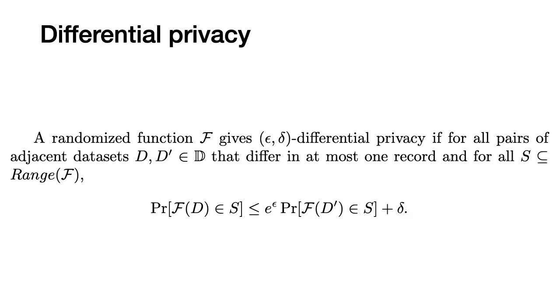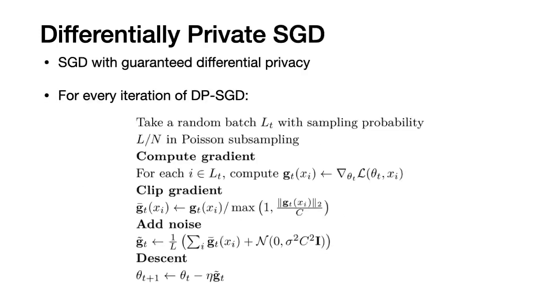Roughly speaking, the notion of differential privacy says that for a function that preserves privacy, its output distribution should not change much whenever only one record of its input data changes. DPSGD is an approach to make SGD differentially private, so we can have differentially private deep learning.